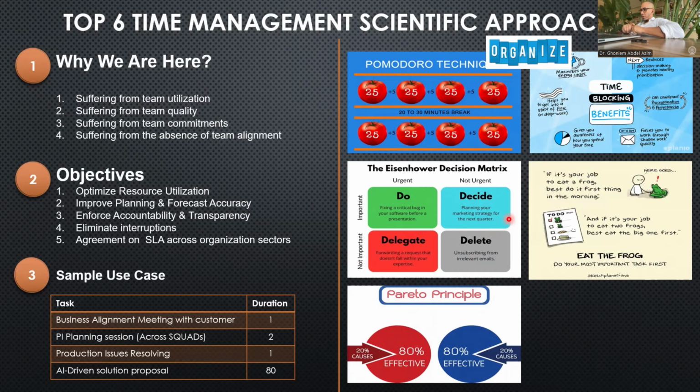It's the Pareto approach. And the Pareto approach is a very well-known approach that says that 20% of the causes cause 80% of the impact. So from a business perspective and from a technical perspective, we can give examples.